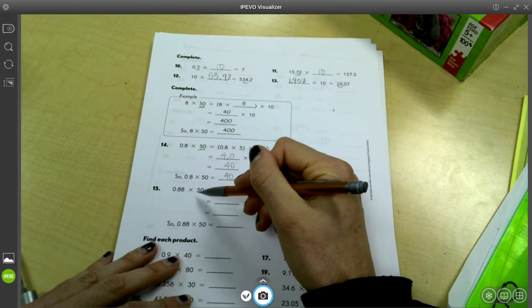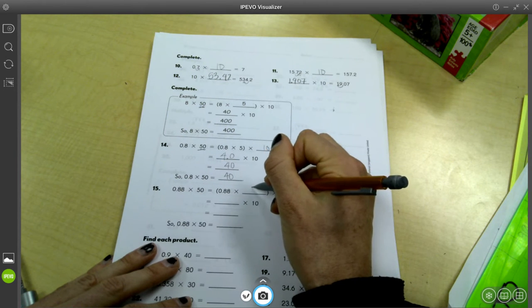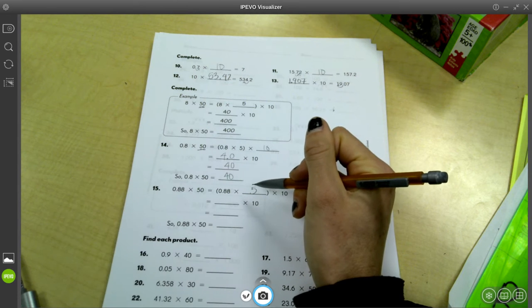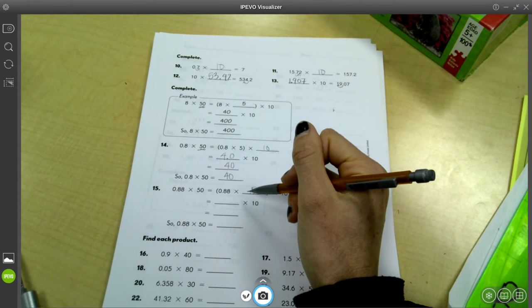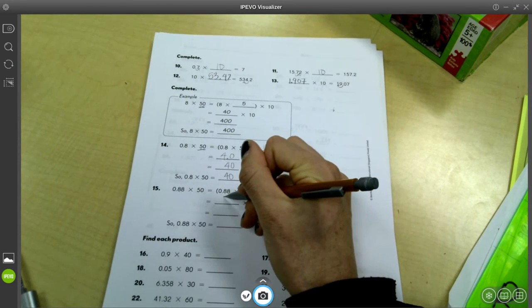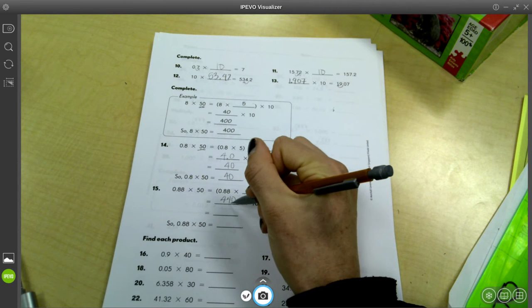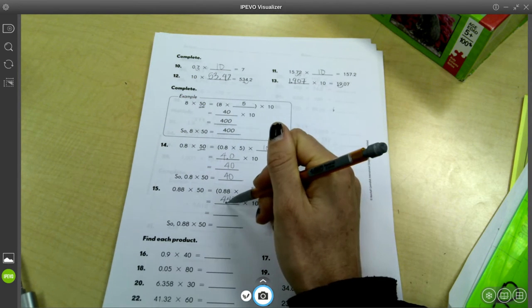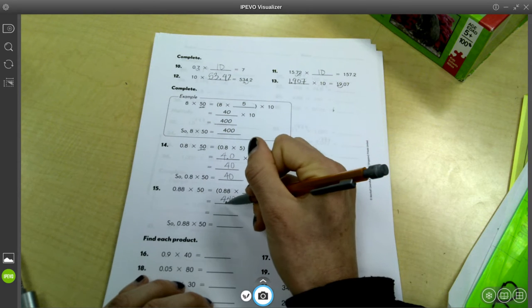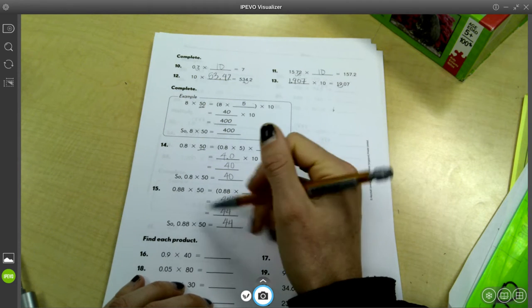Here we have 88 hundredths times 50, so I'm thinking 88 hundredths times 5 times 10. 88 hundredths times 5 is going to give me 440 hundredths, which is going to give me, right, because this is less than 1 times 5 is going to give me something less than 5 times 10, so I'm moving that decimal place over, so I end up with 44, and that makes sense, right?